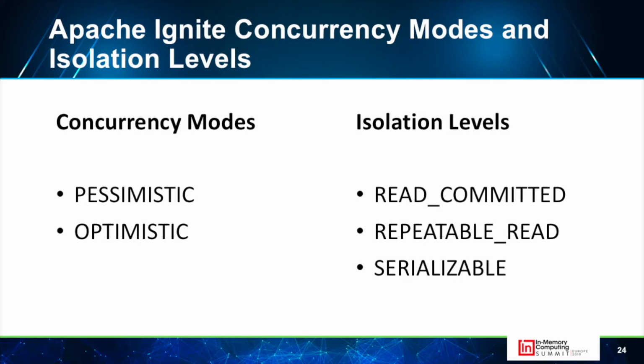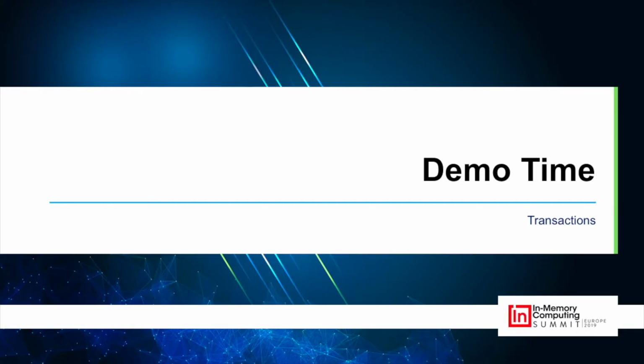The difference between concurrency modes is that the lock is acquired during the prepare step of the two-phase commit protocol in optimistic transactions, and in pessimistic transactions during the first read or write access. Let's see how it works.